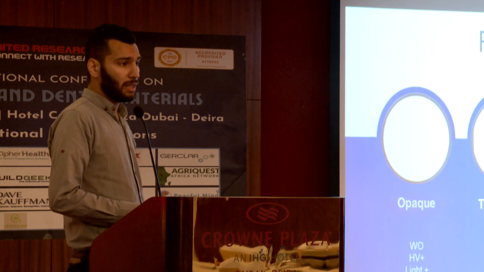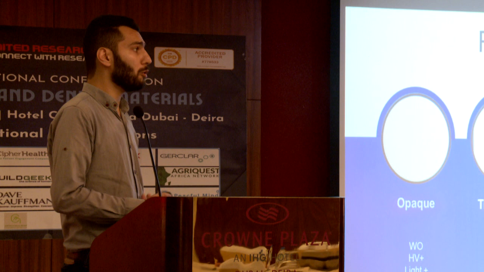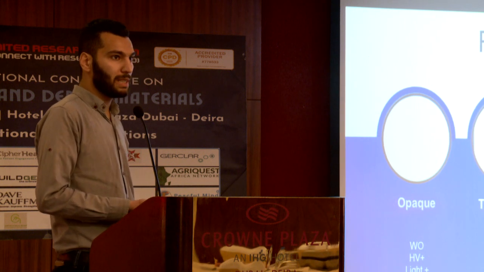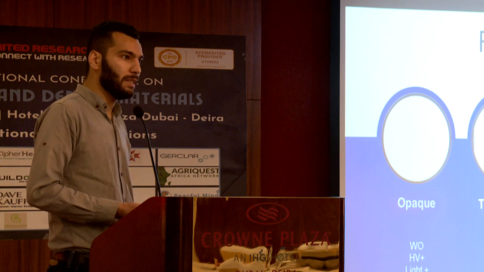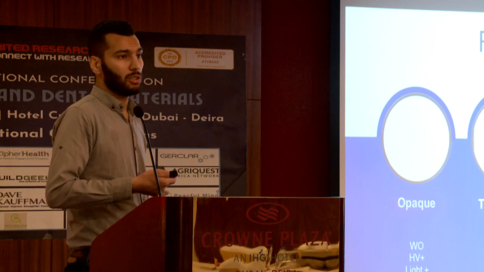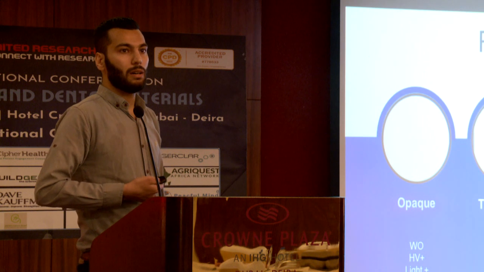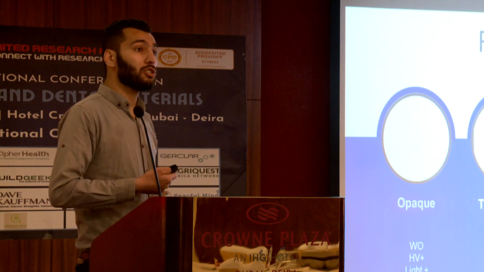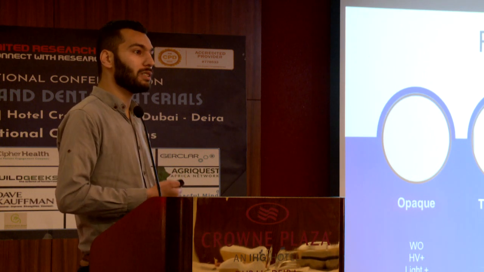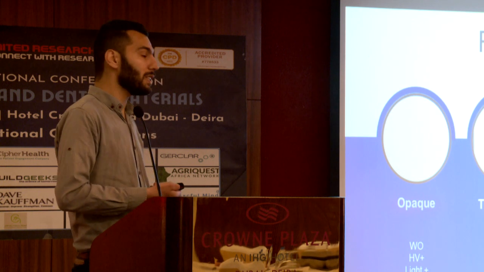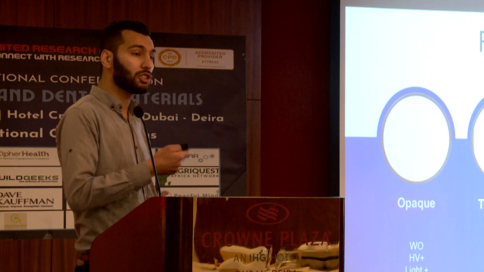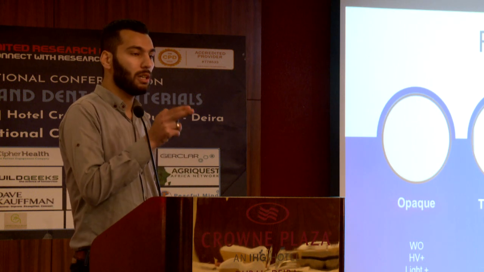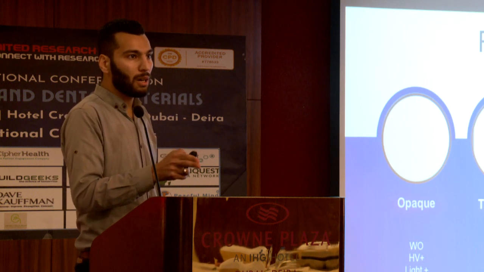Actually, tooth shade A3 is not always opaque. Sometimes it's translucent, not completely, but its effect on the final restoration is because of its chroma, not because of its value, not because it's dark, but because it's highly chromatic. So it changes the chroma of the restoration.